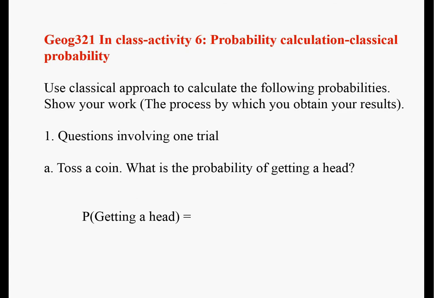So there's only one way that a head can occur. Therefore, we calculate the probability of getting a head by using 2 as the denominator and 1 as the numerator. You can just express this probability as 1/2, or you can express that as a decimal. Okay. Either way is correct.